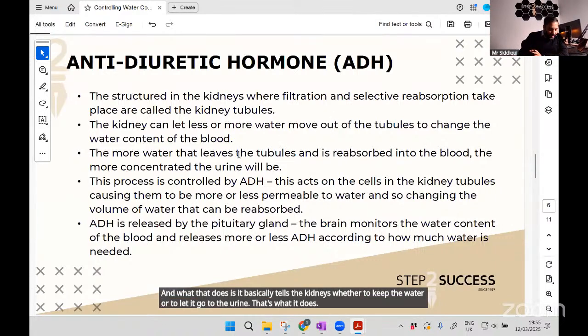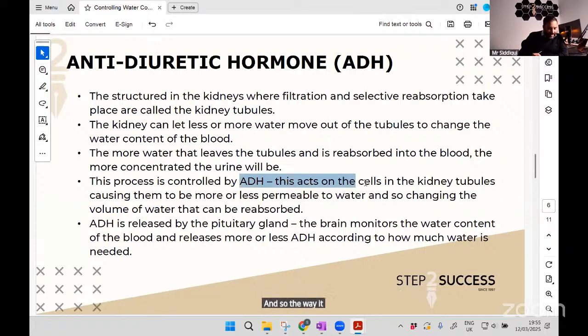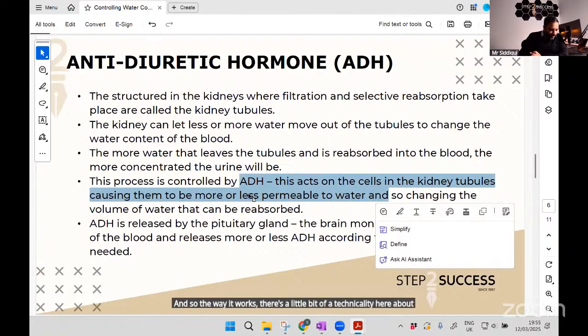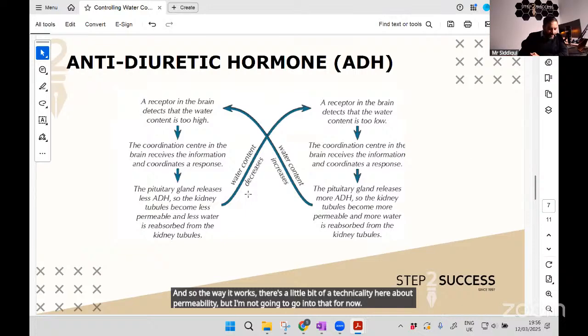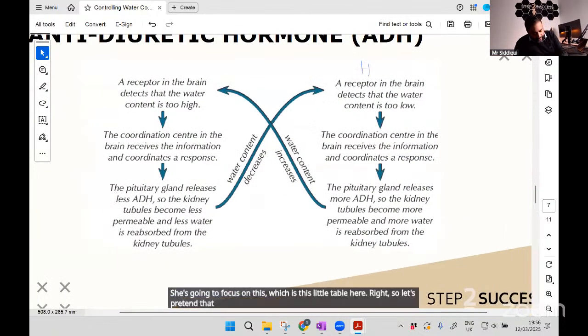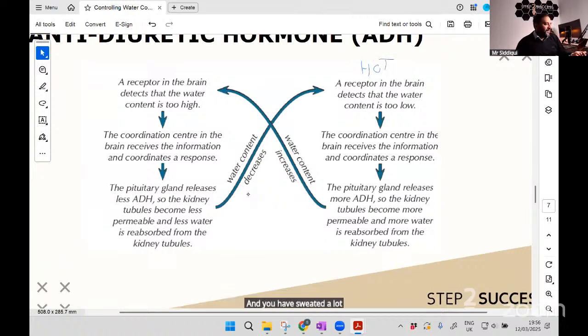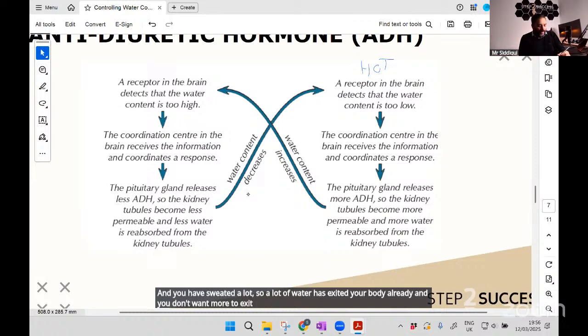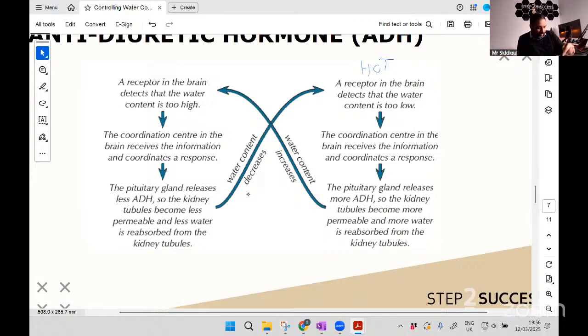And the way it works, there's a little bit of a technicality here about permeability, but I'm not going to go into that for now. I'm just going to focus on this little table here. So let's pretend that it's been a hot day and you have sweated a lot. A lot of water has exited your body already, and you don't want more to exit. Your brain will receive all this information.